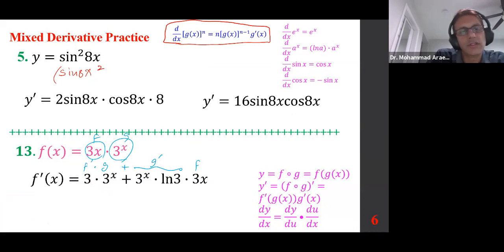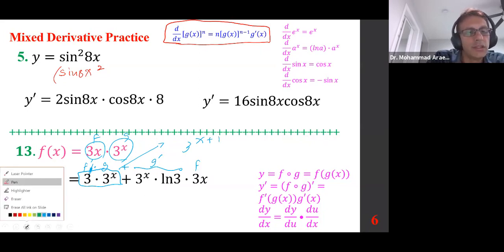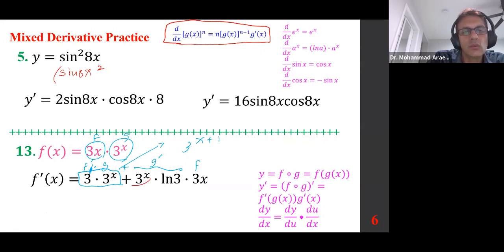So I'm going to look at the first piece and say this, I can write 3 to the power of x plus 1. Why is that? Because the exponent on this is 1. So 1 plus x or x plus 1. And I hope you see the same thing happens here. This one and this one give us the same thing. And then what is left is ln 3 times x.